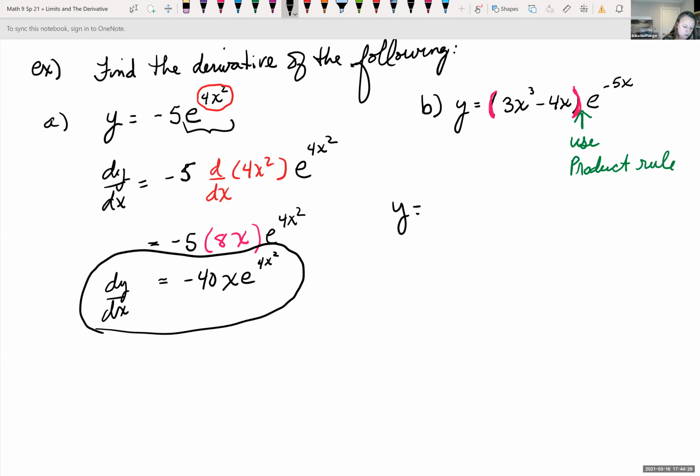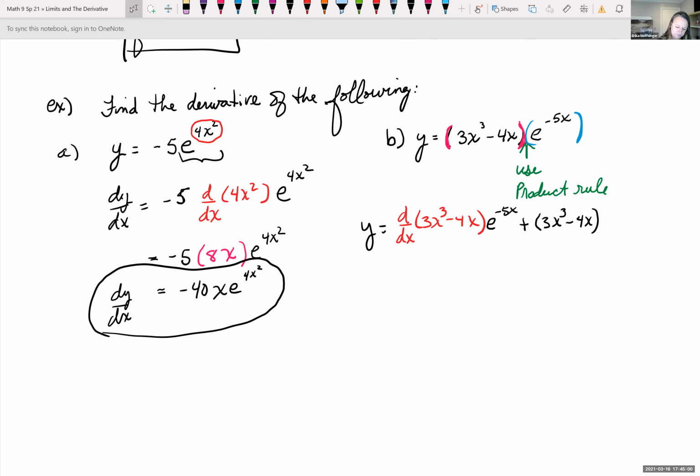So y prime is equal to d dx of 3x cubed minus 4x times the second, which is e to the -5x, plus the first function, 3x cubed minus 4x, times the derivative of the second function, d dx of e to the -5x.